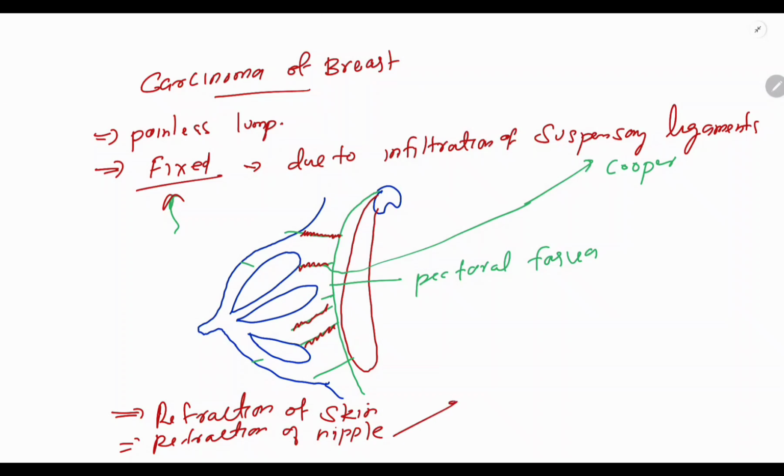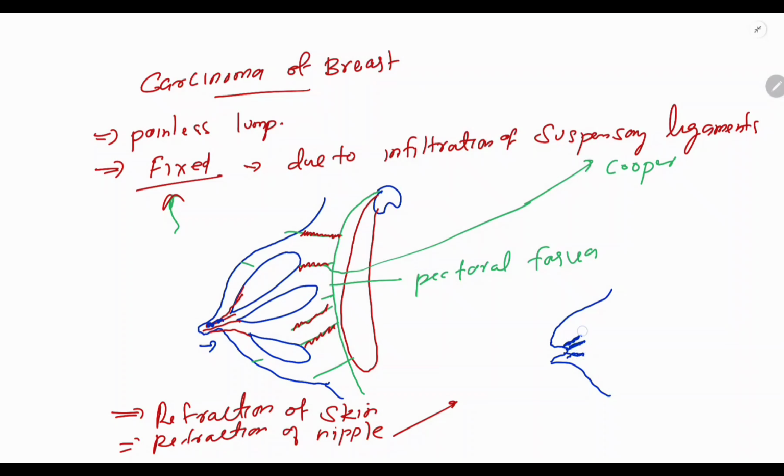And what is the reason for the retraction of nipple? Retraction of nipple is due to the infiltration and fibrosis of the lactiferous duct. Here in this picture you have these lactiferous glands and the duct. This lactiferous duct opens into the nipple. When there is an infiltration of this area, it pulls the nipple inside.